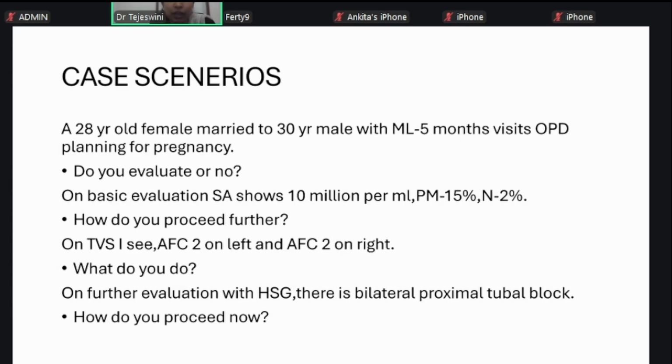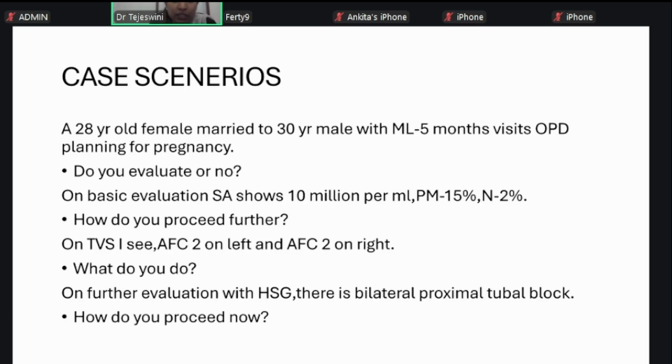But on the contrary, if the couple is planning for a single pregnancy, in this particular case, and the semen analysis still shows mild OAT, then you can give the couple the option of trying either naturally for 1 or 2 cycles and then IUI for 1 or 2 cycles and decide accordingly.